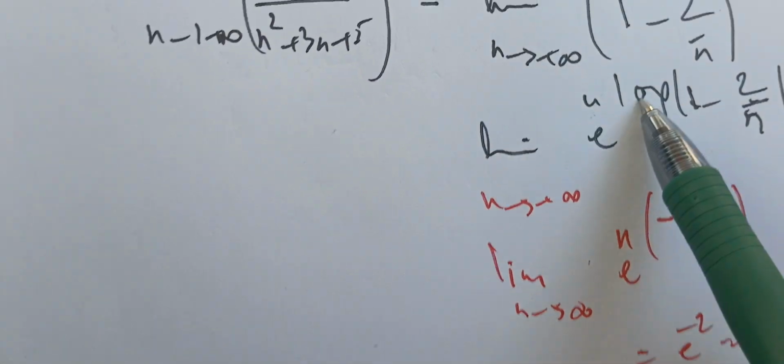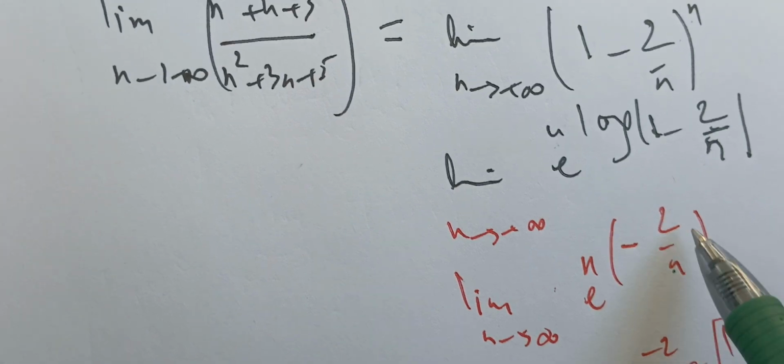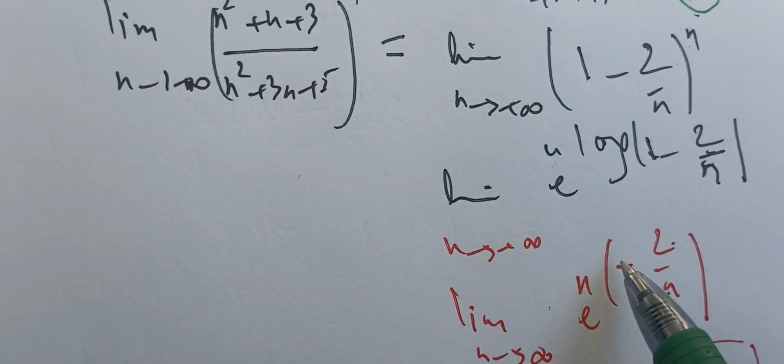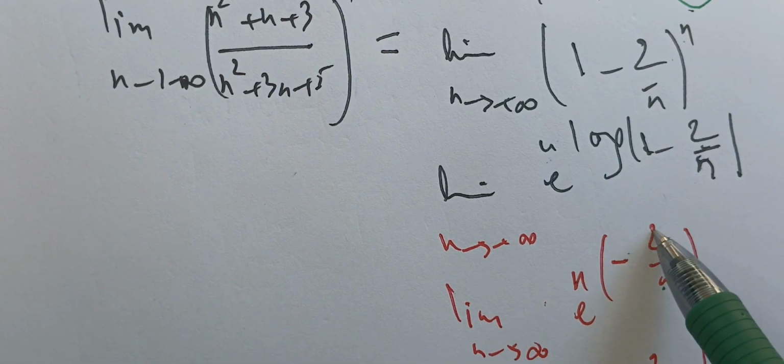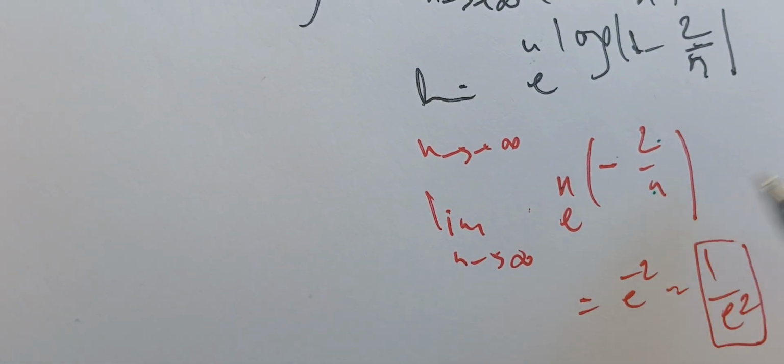So we get rid of this by just noting that this log here, 1 minus 2 over n, is minus 2 over n. So this is the one that we need here, and n times minus 2 over n is just minus 2, and therefore we get this constant. So this is the limit here.